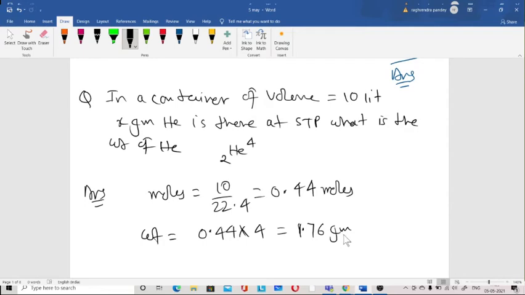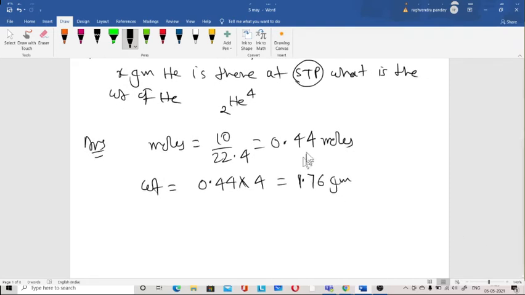Sir, I used the PV formula and got 1.72. No, that is not possible; I got 0.43 moles. But that is not possible, because if you use 10 liters and 0.082, what temperature did you keep here?